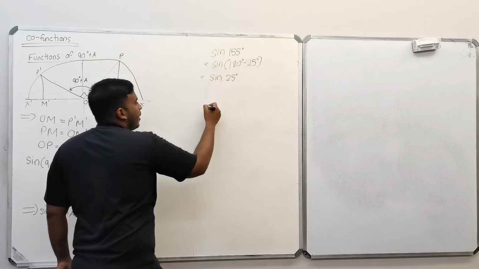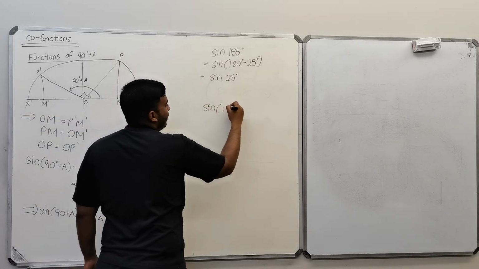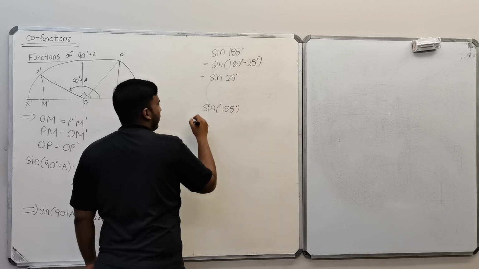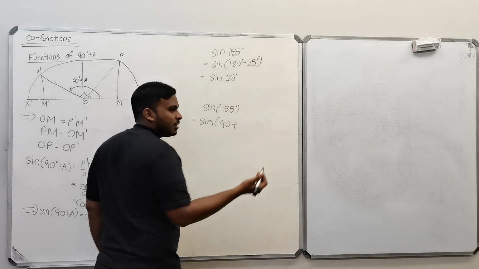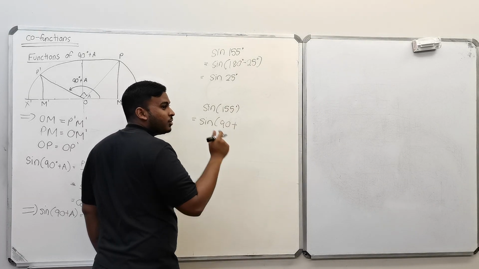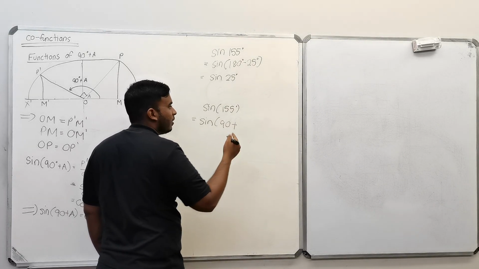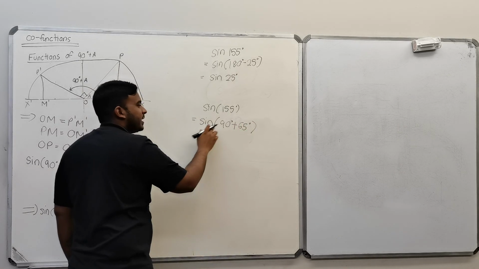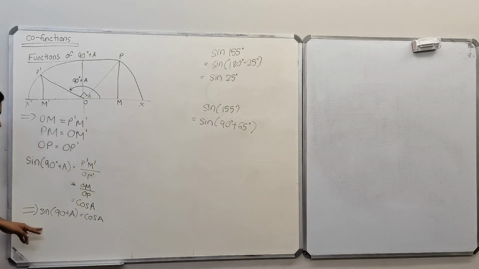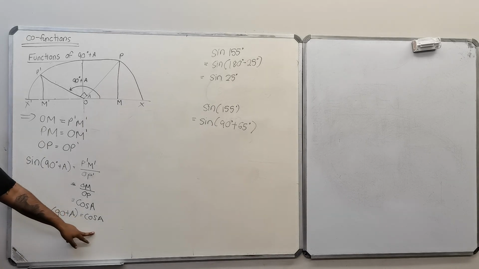Okay? Sine of 155, again, we could have said sine of 90 plus 65, because to give you 155 would have been 65. Okay? But we said sine of 90 plus an angle is equal to cos of that angle.